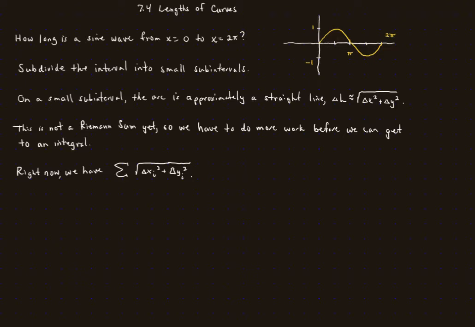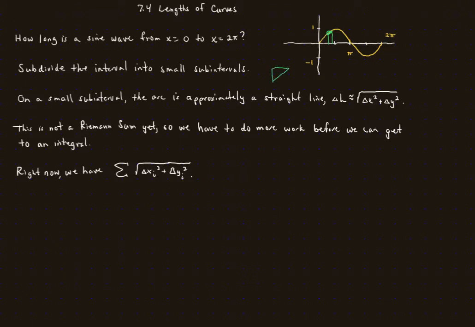We can imagine looking at this at a differential level. If we subdivide this interval into smaller ones, then on a really small subinterval, that little length is going to be approximately a straight line. I'm going to blow it up a little bit here.